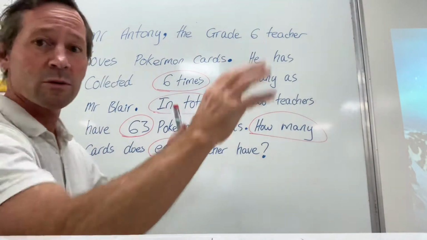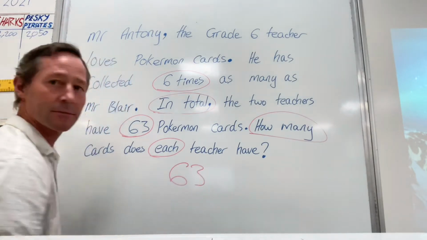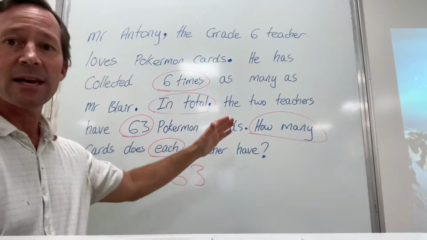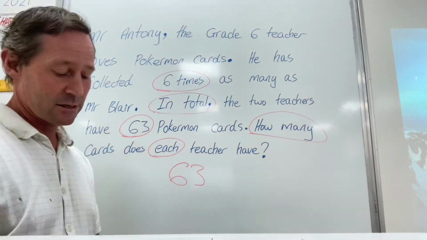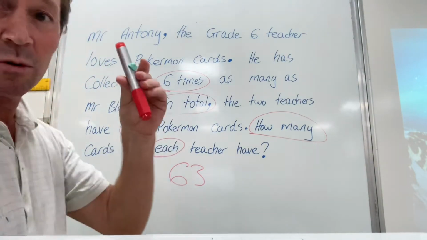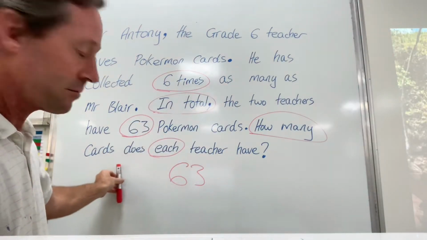So in total, there are 63 cards. So let's put 63. And Mr. Anthony has 6 times as many as Mr. Blair. So for example, if I had 1 Pokemon card, let's put Mr. Blair's 1 here.